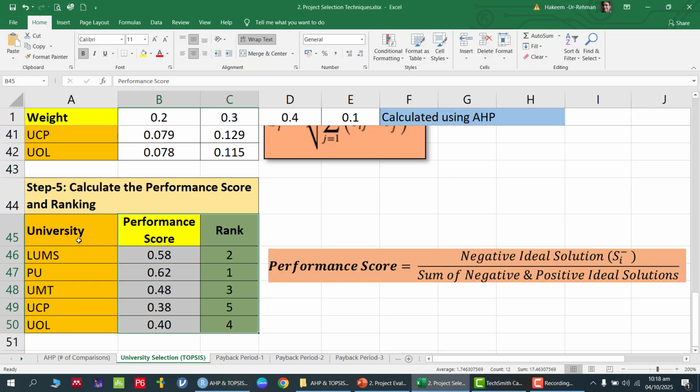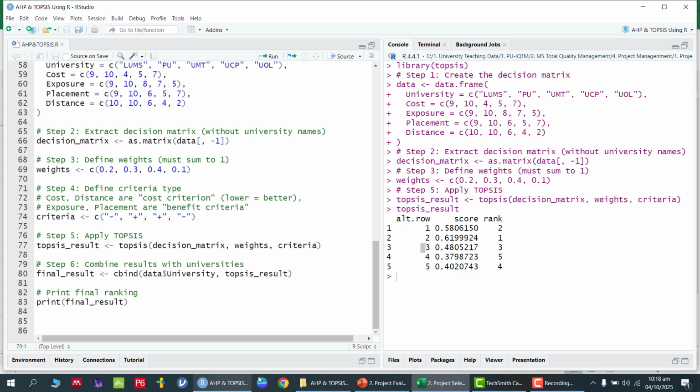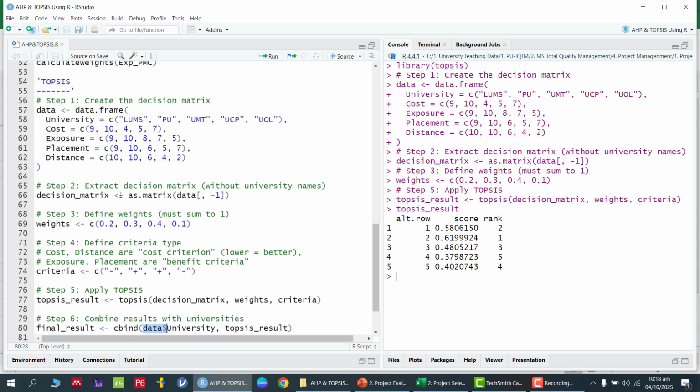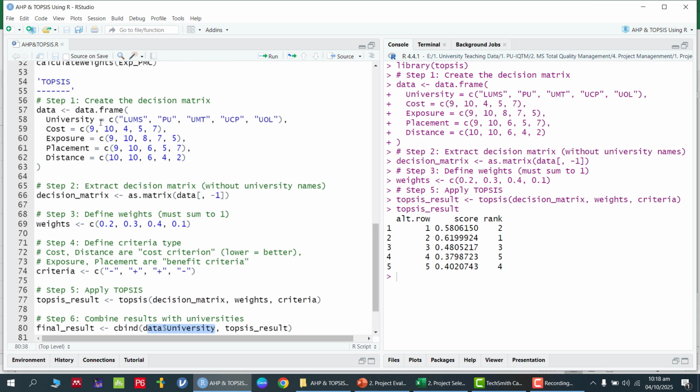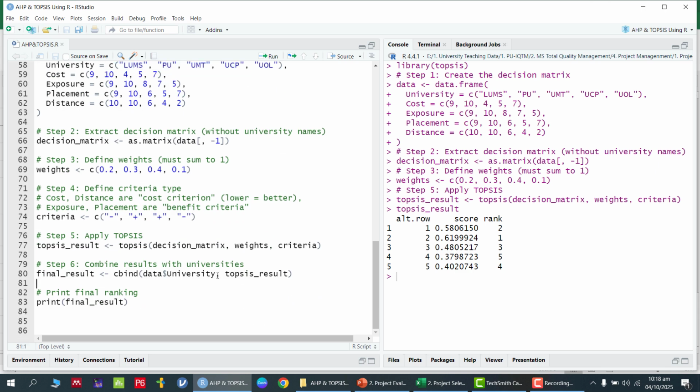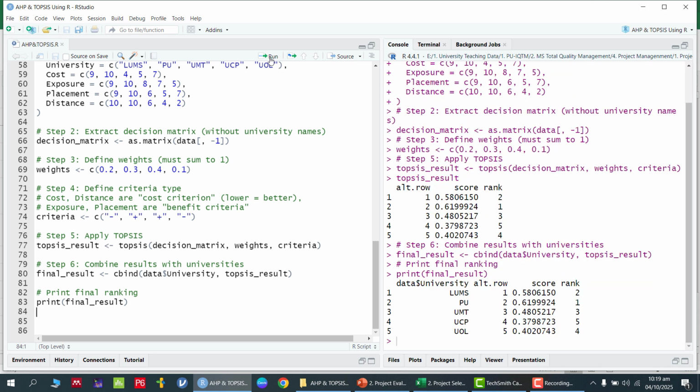So in order to write these alternatives in the output as well, I am using the cbind, the combine column formula. Then I am taking data, in which we had this data frame, and from the data I am calling the variable university, and I am combining it with the TOPSIS results. Okay, and I'm storing it in the final_result variable and printing it.